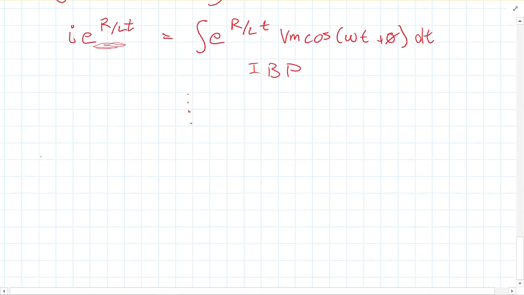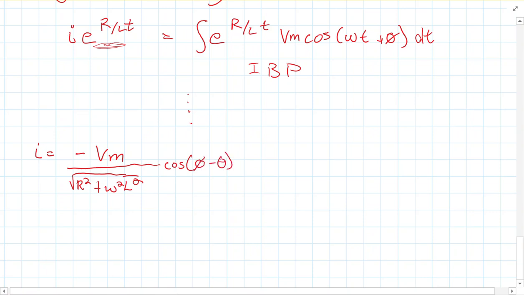And so the end result we get here is I is equal to negative Vm divided by the square root of R squared plus omega squared L squared, times cosine of phi minus theta, times e to the minus R divided by L t, plus Vm over the square root of R squared plus omega squared L squared, times cosine of omega t plus phi minus theta.